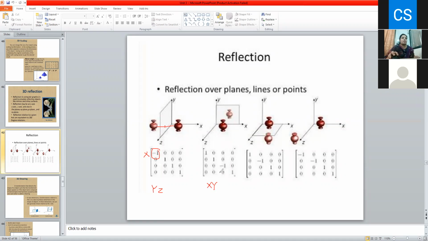For the xy plane, z is missing. That's why z will have the -1 multiplying factor. Then comes the xz plane. So in the xz plane, y is missing, and that's why y will change in its sign. Okay, so that was about reflection.